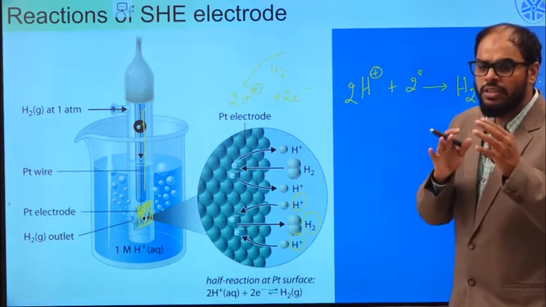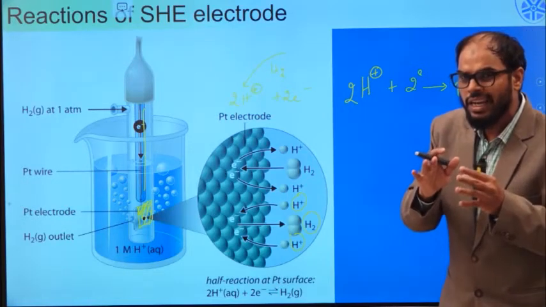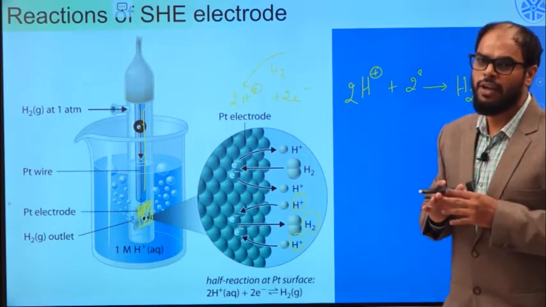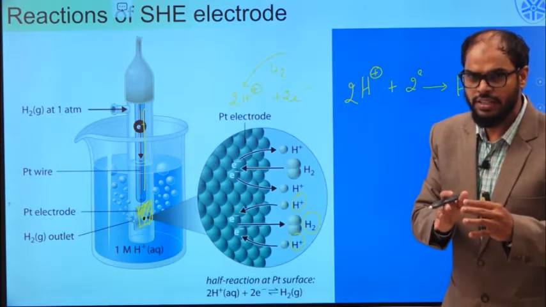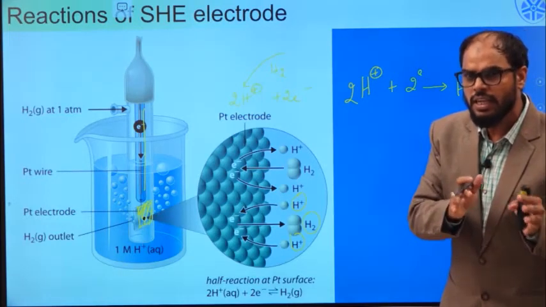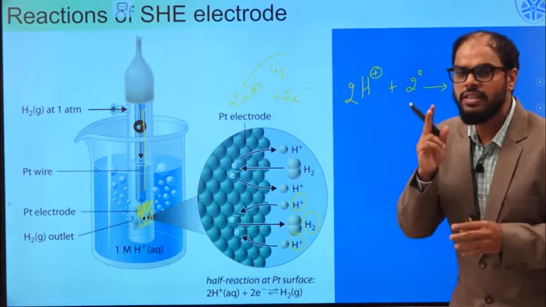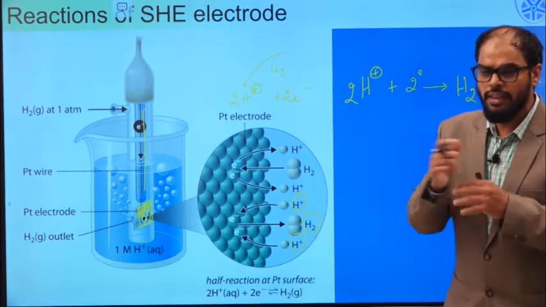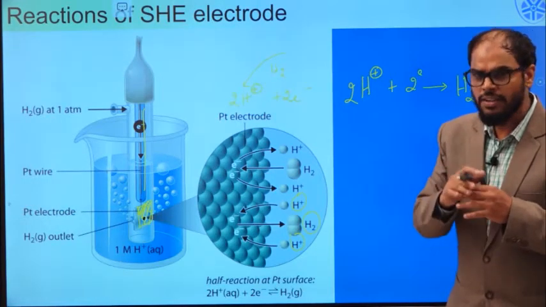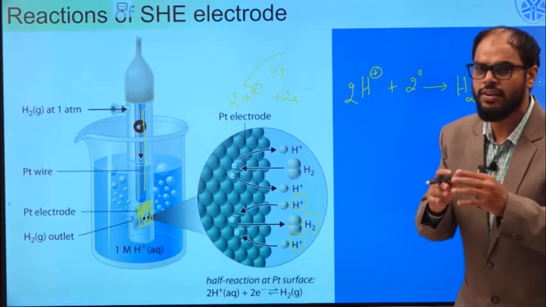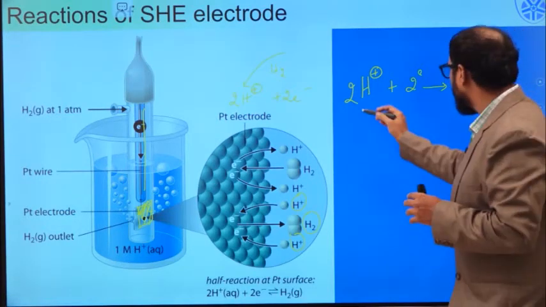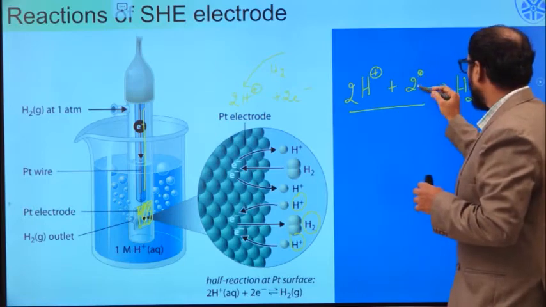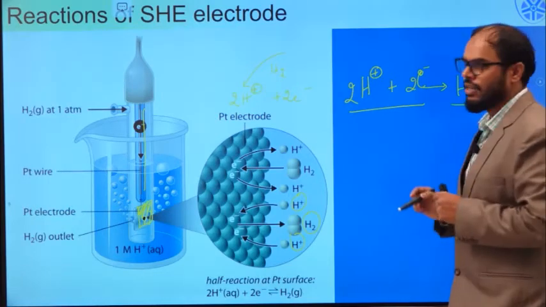So we have two chemical reactions occurring at the surface of the platinum foil. One is the oxidation reaction where hydrogen gas is converted to H plus ions releasing 2 electrons, or the other way around, on the surface of this platinum foil we can have the reduction reaction where the H plus ions take up the 2 electrons to release hydrogen gas.